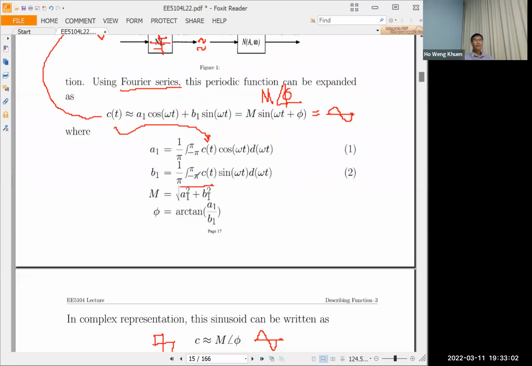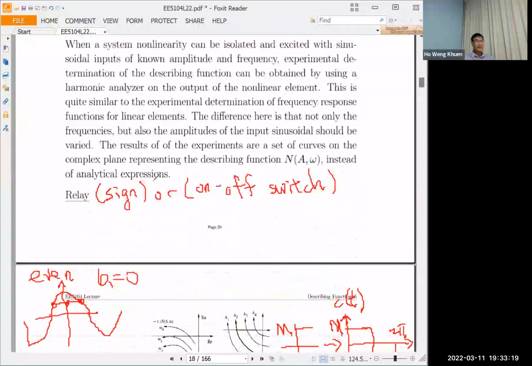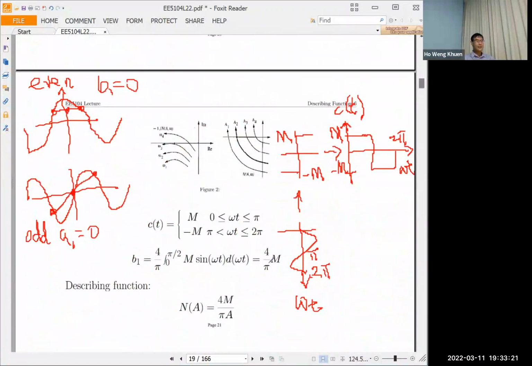Or you can do half pi. Then you get this area, you multiply by 4, you get the same B1. So whichever is easier to do algebra with. So obviously here, what I've done is I take an interval of half pi. Then this is the area, I multiply by 4.